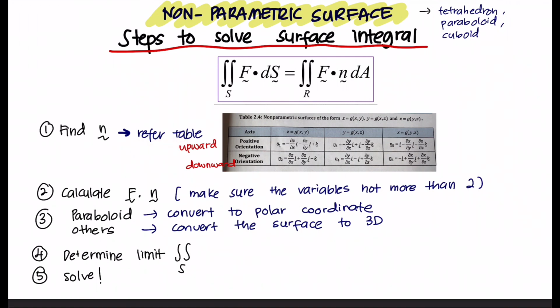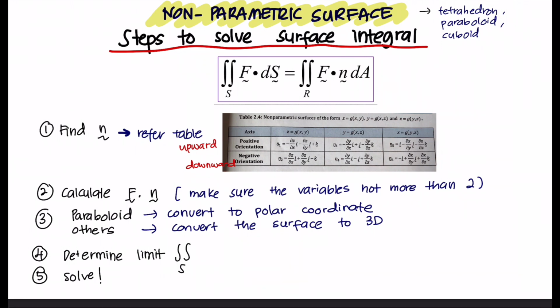The formula of the unit normal n depends on the form of z. If z is given by this form, you must refer to this table, and so on. You must also refer to the orientation.